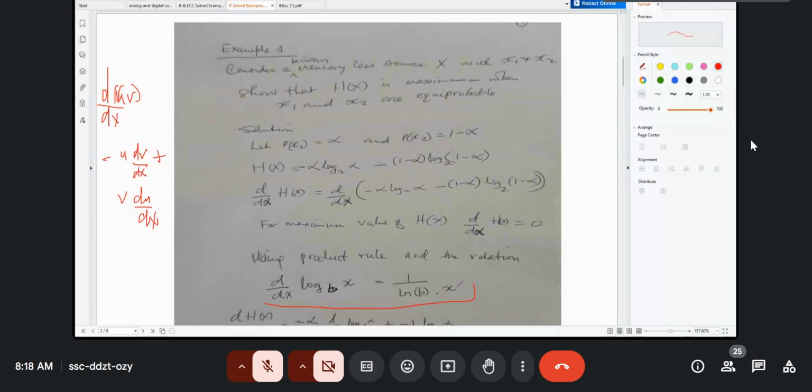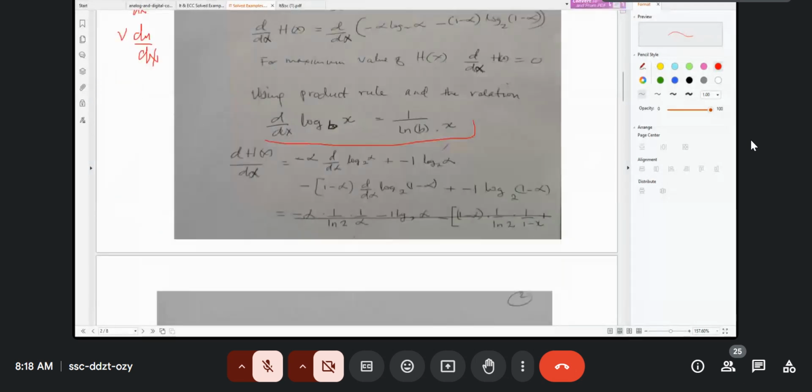This is a natural logarithm, so the ln will cancel out somewhere. So we can use this formula and the product rule that I just outlined here.